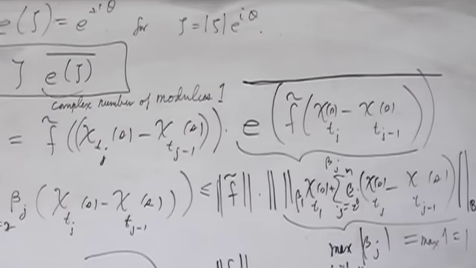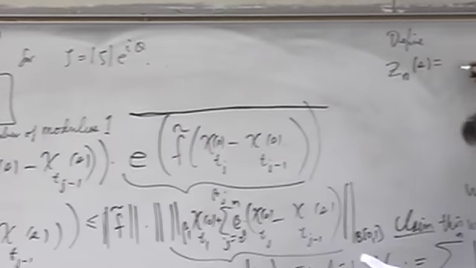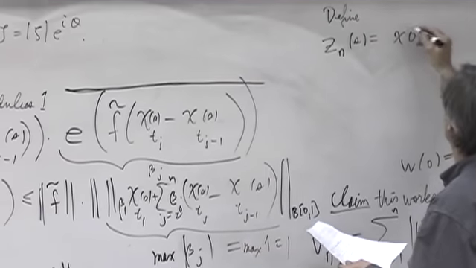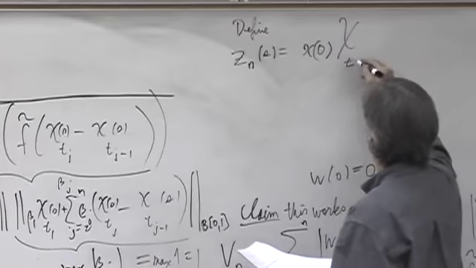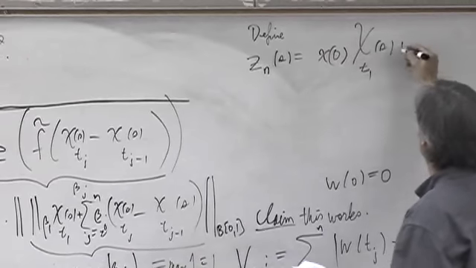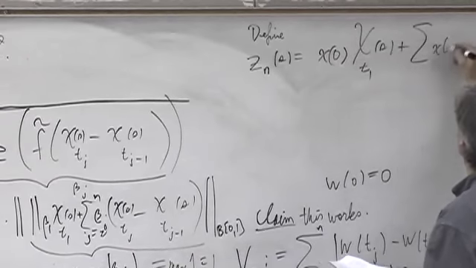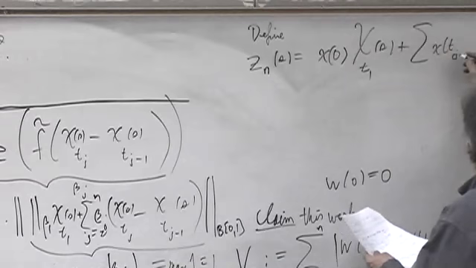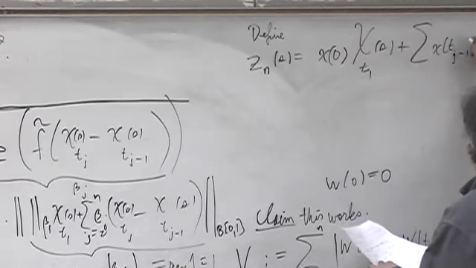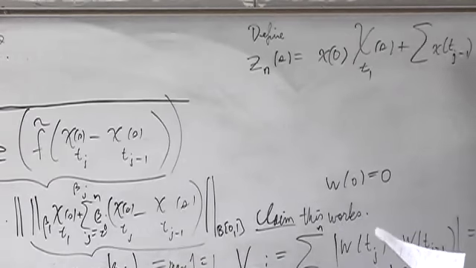z sub n of s equal to x of 0 times chi sub t1 of s plus summation x of tj minus 1. I'm going to take the left-hand endpoint of the interval. Now, if you'll notice in the book, when he defines the Riemann-Stieltjes integral, he took the right-hand endpoint of the interval. It doesn't matter which one I take.